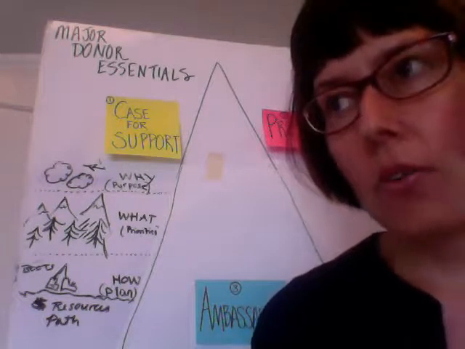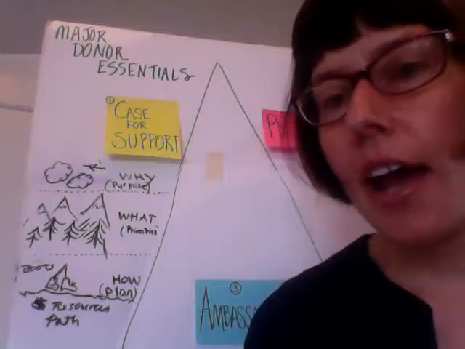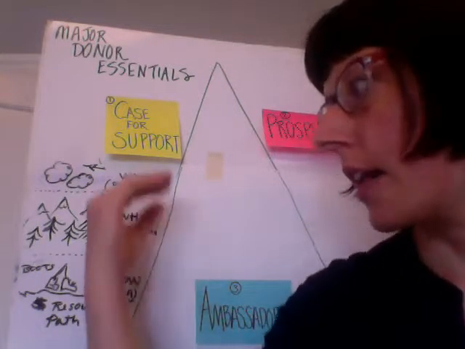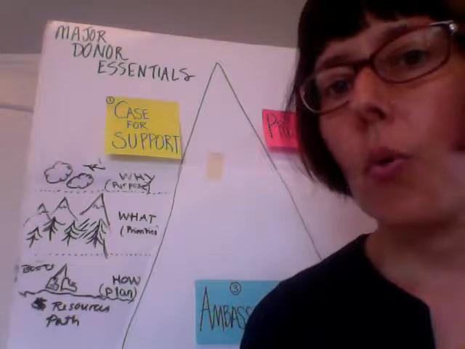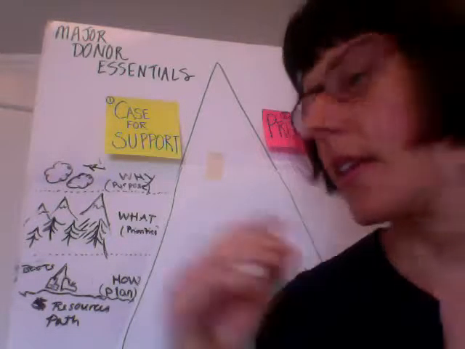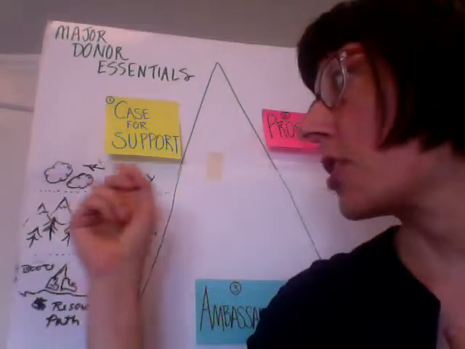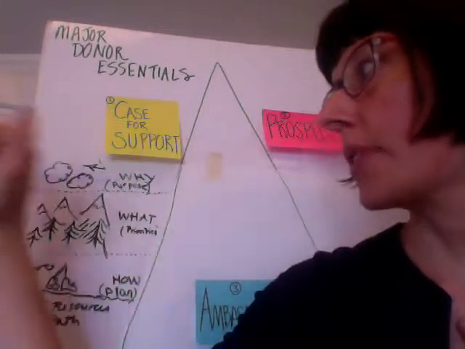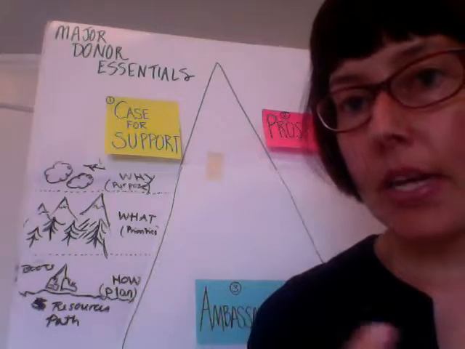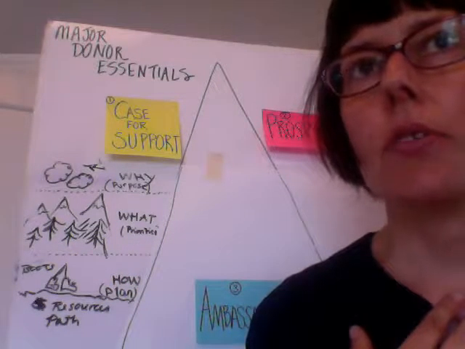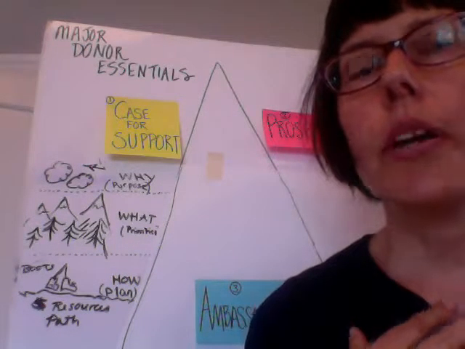So what are those elements? I like to talk about the case for support that it should have 3 elevations. The first elevation is the why. What is your purpose? And you can see that this elevation, we're flying at the plane level. We are in the clouds here. We're really aspirational. We're talking about, where's your vision?